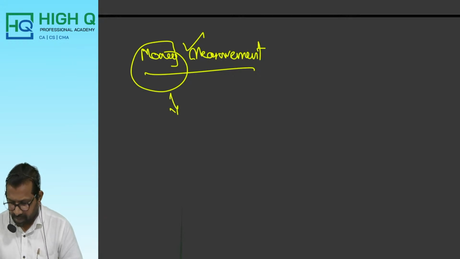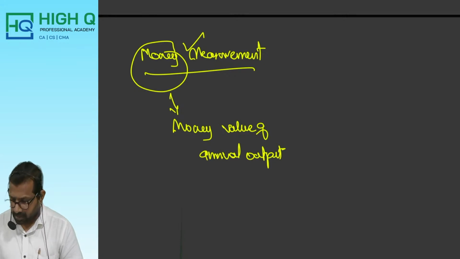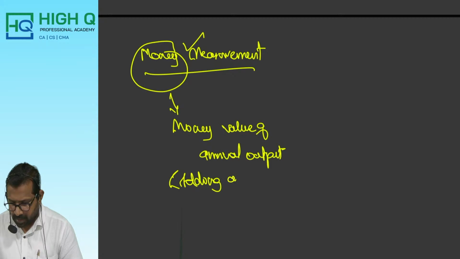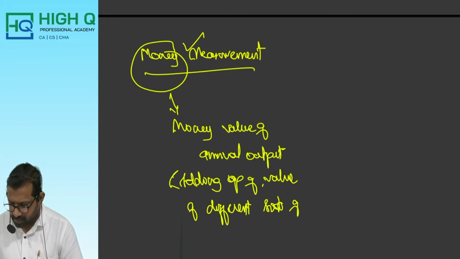But even for this, the money value of annual output, for example, adding up of the value of different sorts of goods and services.